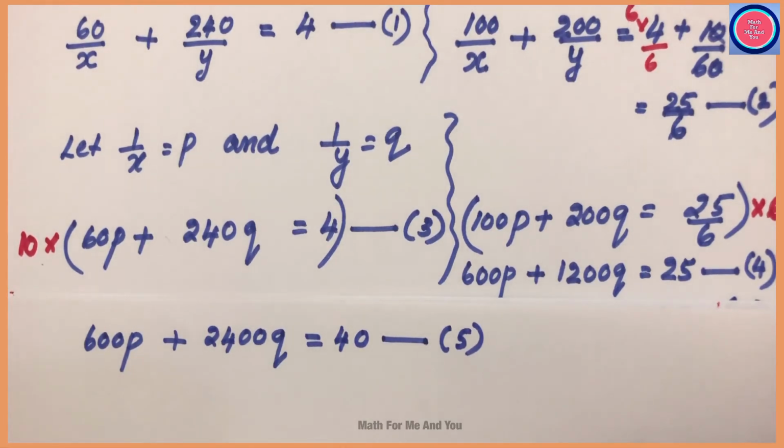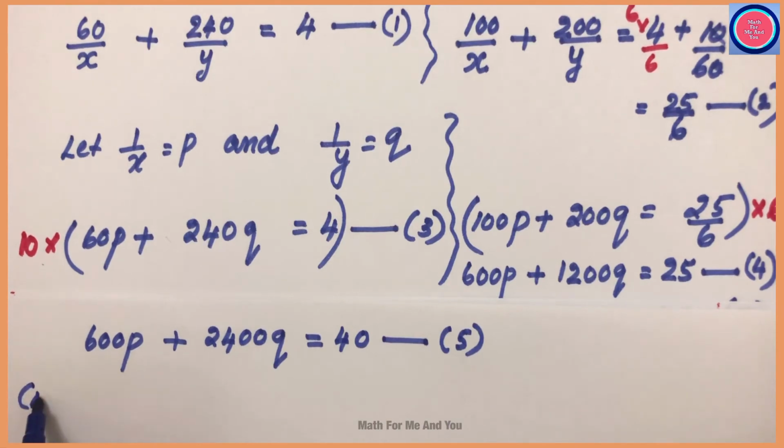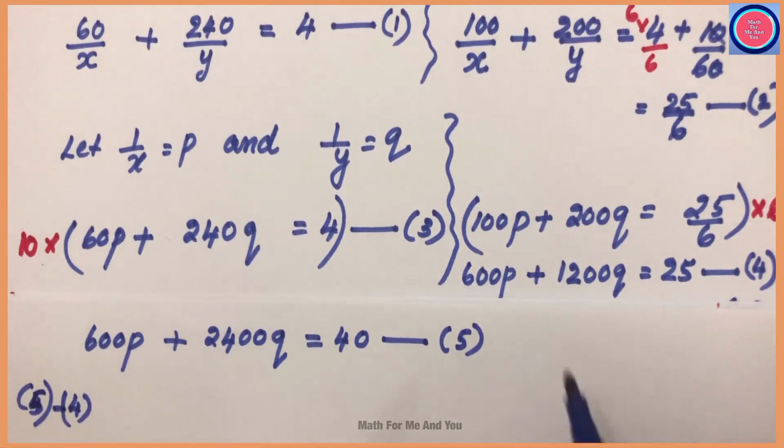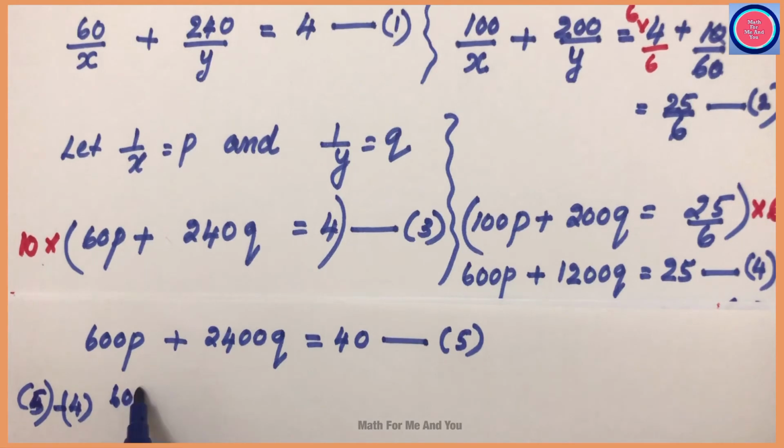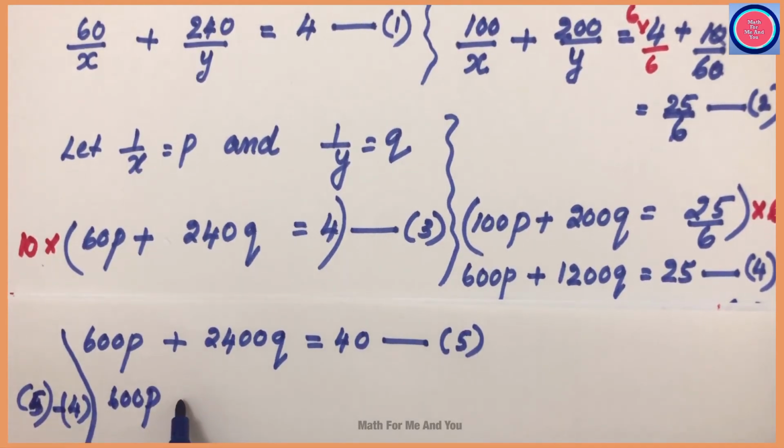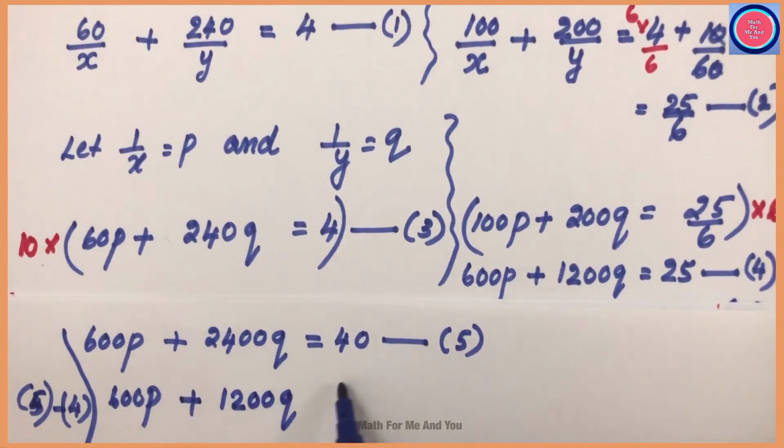And we are going to subtract equation number 4. 5 minus 4 because the coefficient of p is the same now. So we could write equation number 4 just below equation number 5. 600p plus 1200q is equal to 25. And then we are going to subtract.